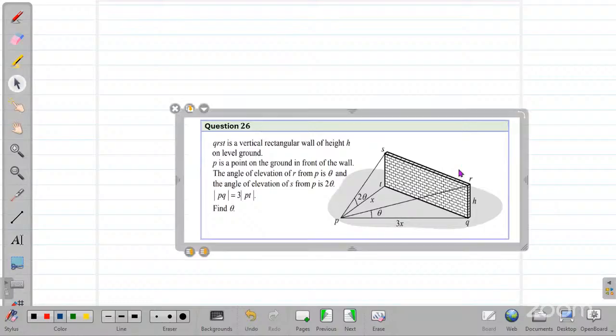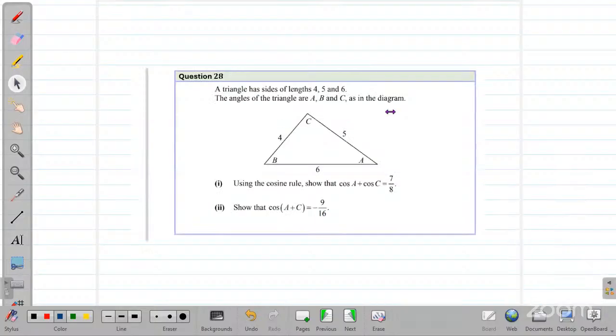I don't know whether I copied it or not. Yes, here is the question. Just do it now. Solve the first part.